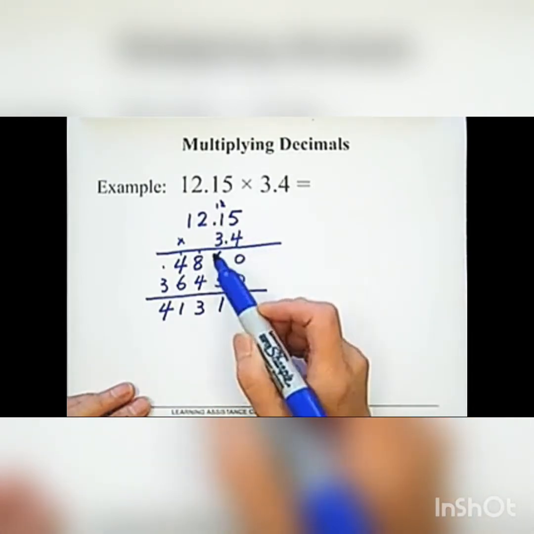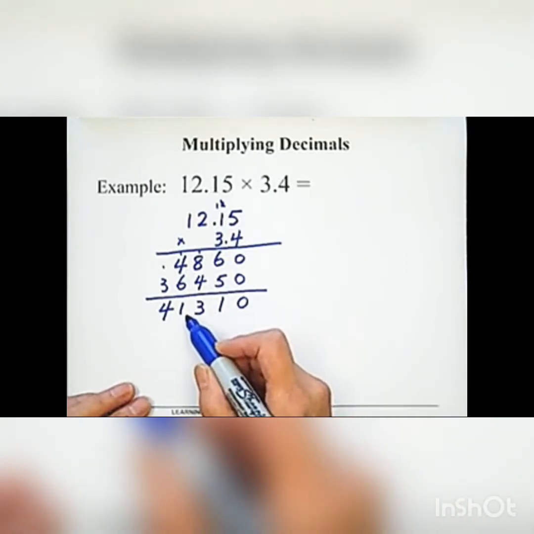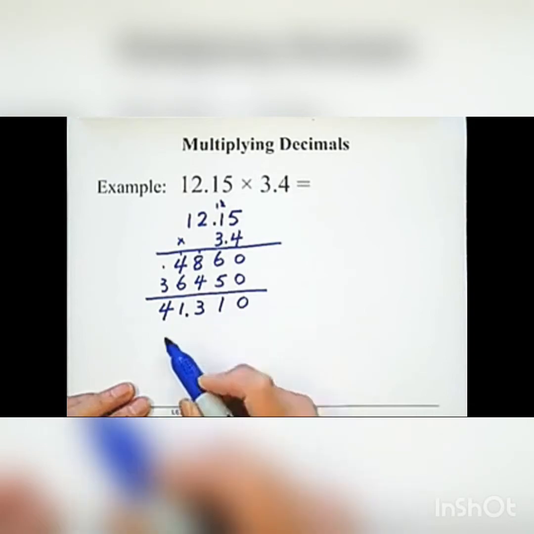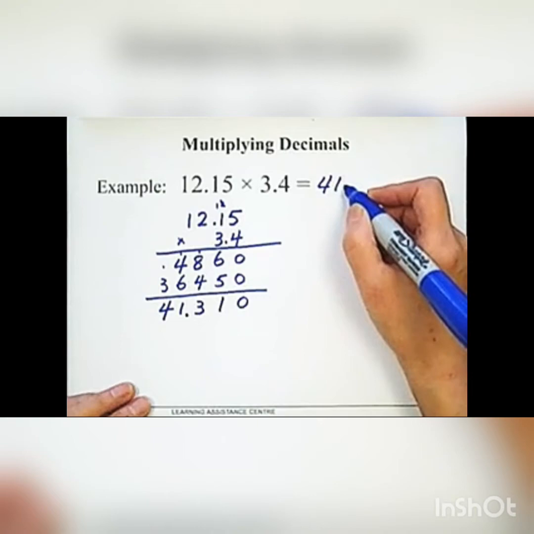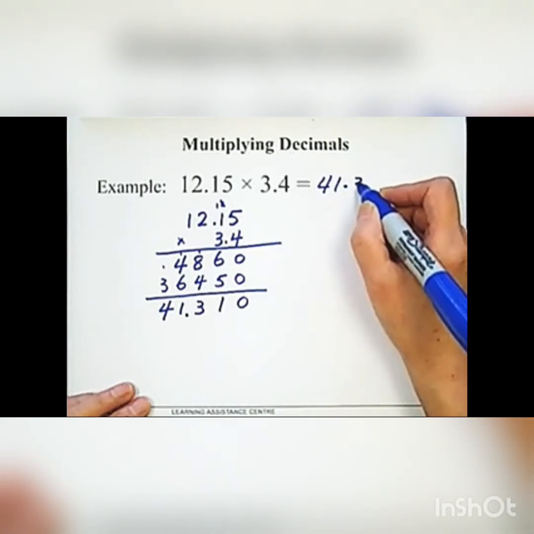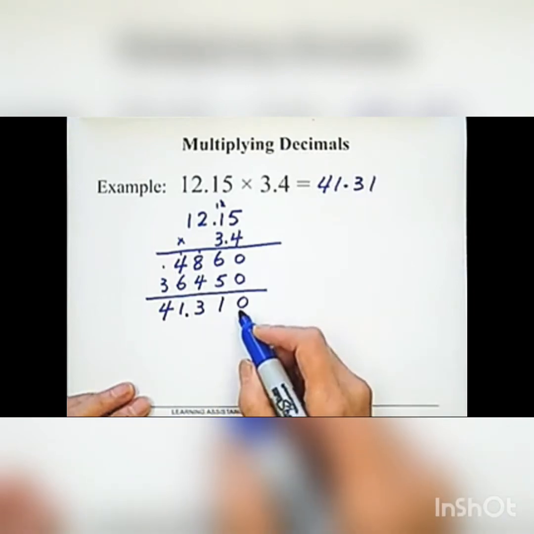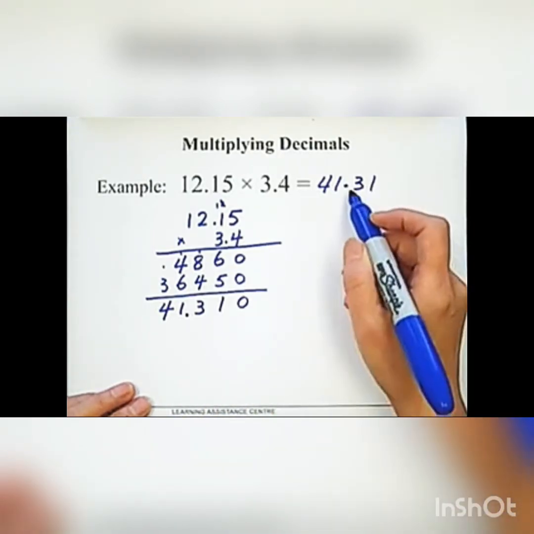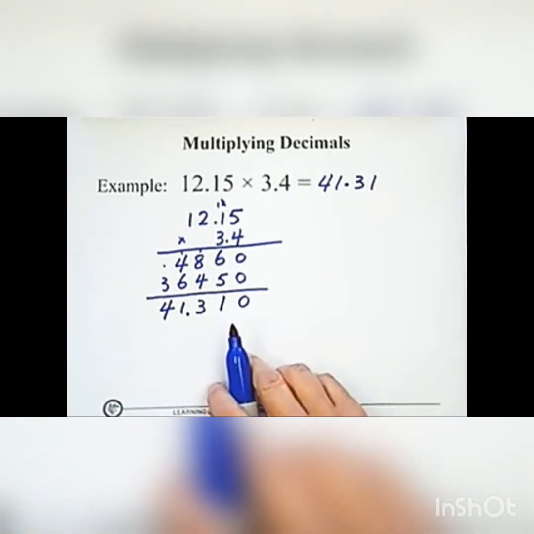So the total will become 3. So in the answer we will count 3 places and insert the decimal: 1, 2 and 3. So the answer will be 41.310. We can write the 0 also, and if you want to leave it you can leave it.